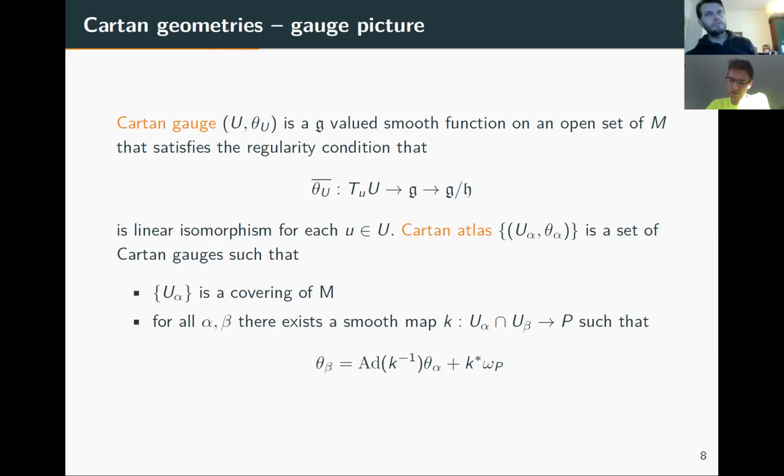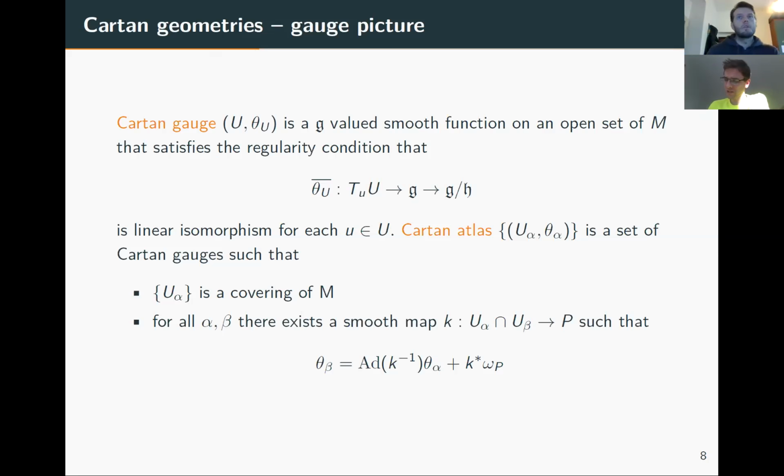So these descriptions are equivalent. Maybe it's worth mentioning that if you consider this K to be a constant function, then you obtain something which is called, I think, GP structures, or maybe just P structures. These appear in the work of William Goldman and people who are doing geometrical structures on Riemann surfaces and stuff like that.